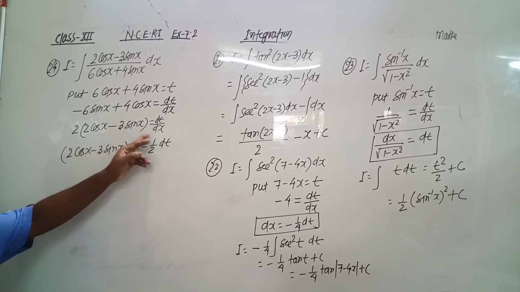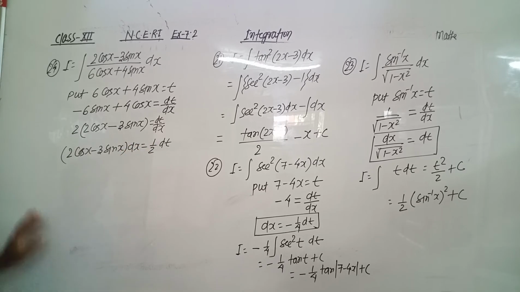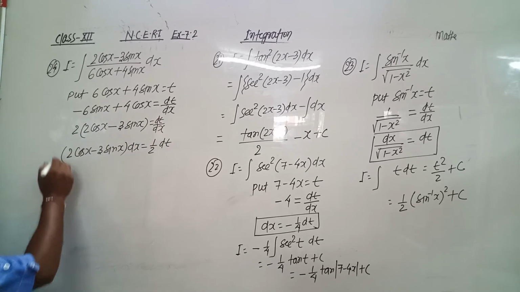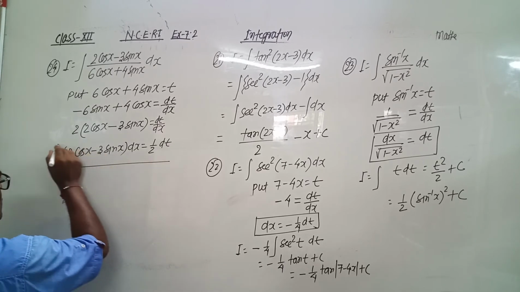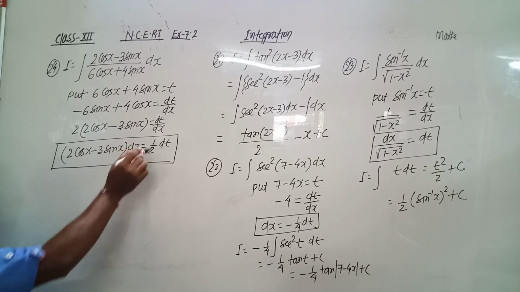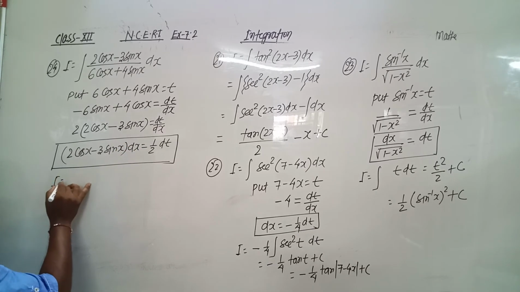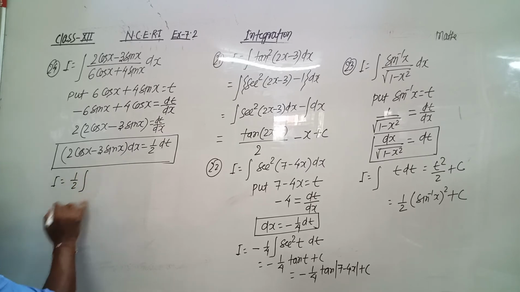2 cos x minus 3 sin x dx equals 1 by 2 dt, as 2 comes to the denominator on the right side. So I equals 1 by 2 integration.